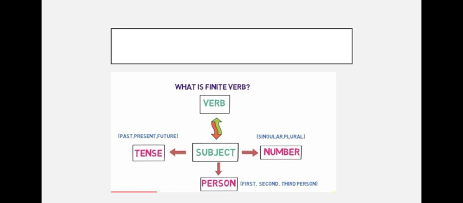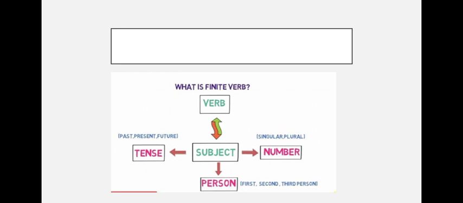Next we have person. It tells us in which person the subject is. Now class, remember we have done the pronouns of the first person, second person and third person. Yes, that is what we are talking about here. So the verb agrees with the person as well. And the third one is the number.